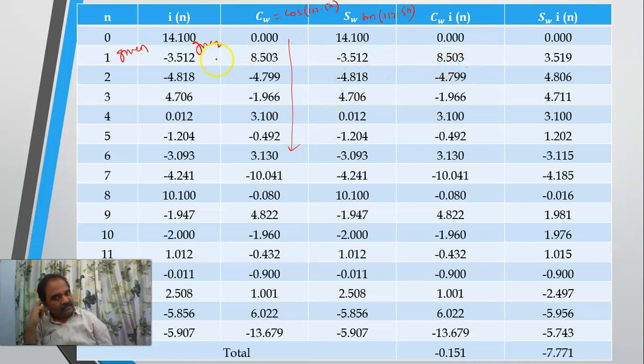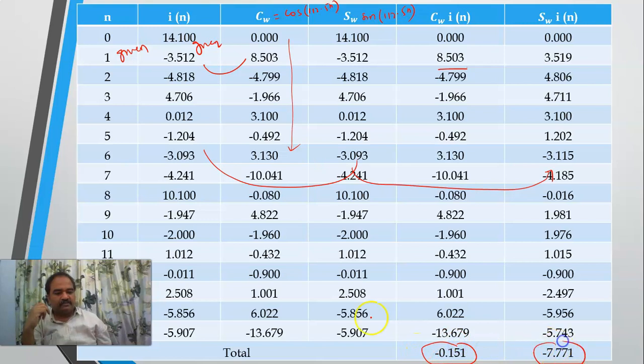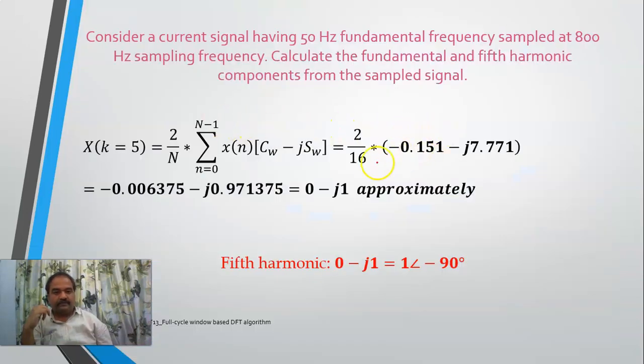Next, how is this column obtained? You multiply these two, you will get this one. And you multiply these two, you will get this value. Once you get all these, this is your summation and this is your summation. See here, 2 by 16 into the first sum minus 0.151, and minus 7.77 for the second.